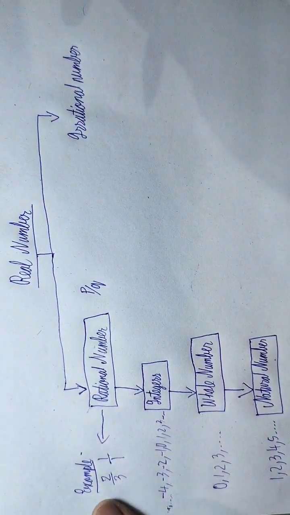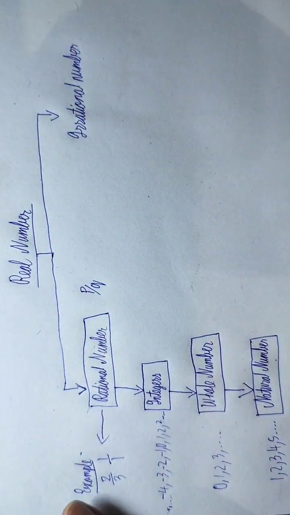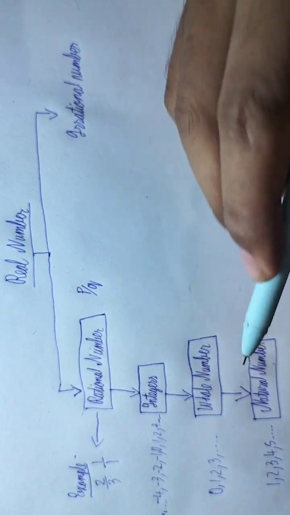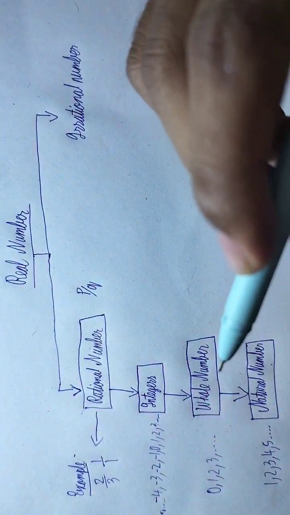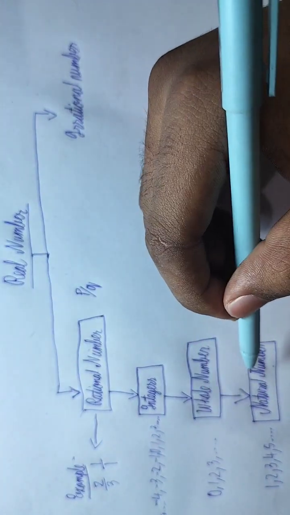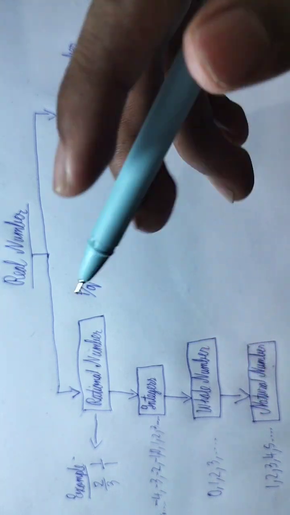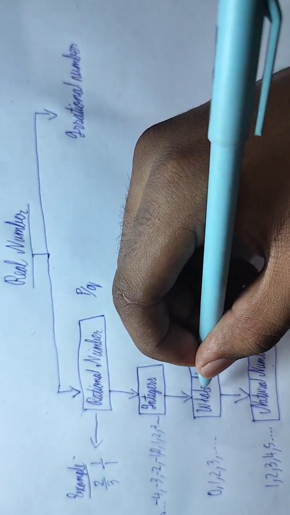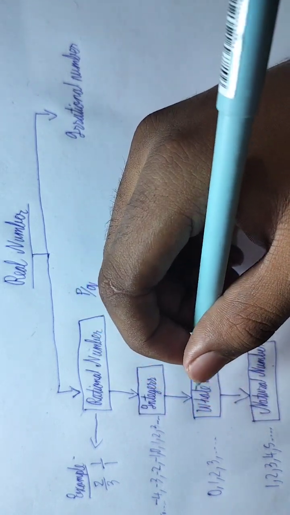Then I think we have cleared the rational number part. Let me explain so you can easily remember all these things. From bottom we start with natural numbers: 1, 2, 3, 4, 5, 6. When it comes to whole numbers, 0 is included.